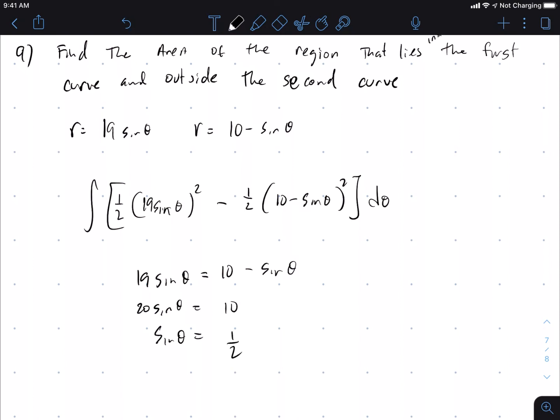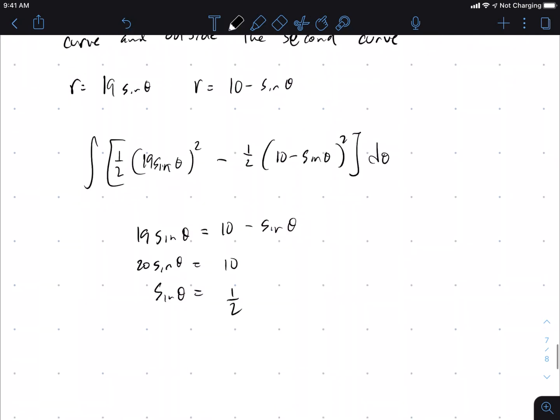When does that happen? Pi over 6 and 5 pi over 6.